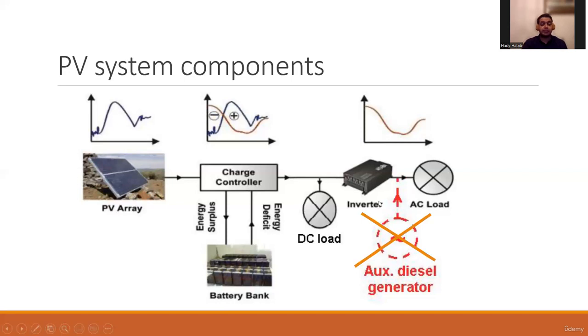In fact, sometimes we use an auxiliary diesel generator, but since we are focusing on how to turn our communities to 100% renewable energy, we are not going to use those auxiliary diesel generators.